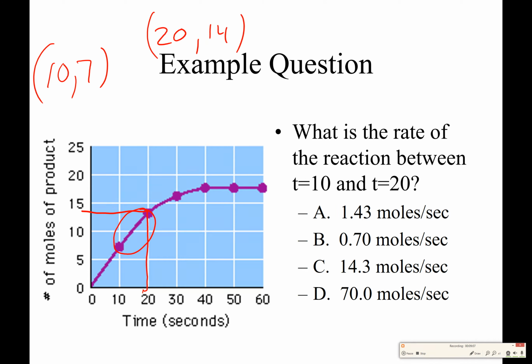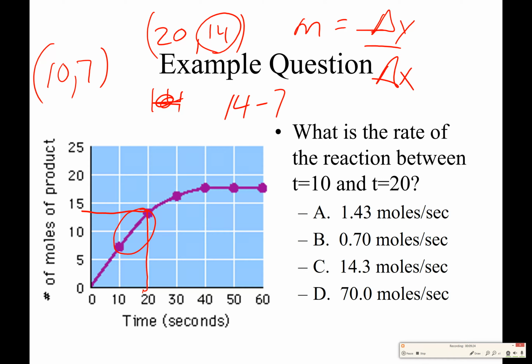So to find slope, remember slope is m, and it's change in y over change in x. Make sure you put your y's on top. So we could start with any order of our y's. I'm going to start with this y. So I'm going to say 14 minus the other y, 7, over. If I start with this y, I also have to start with that x on the bottom.